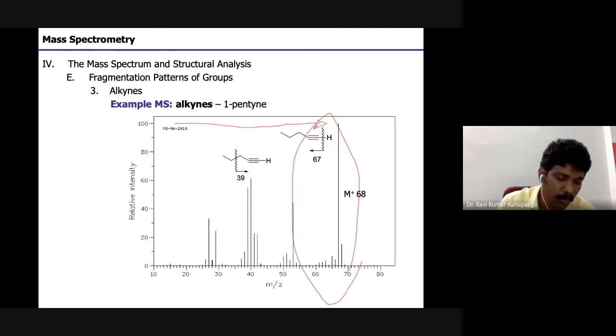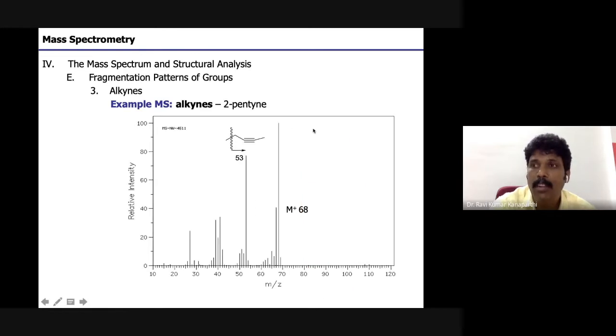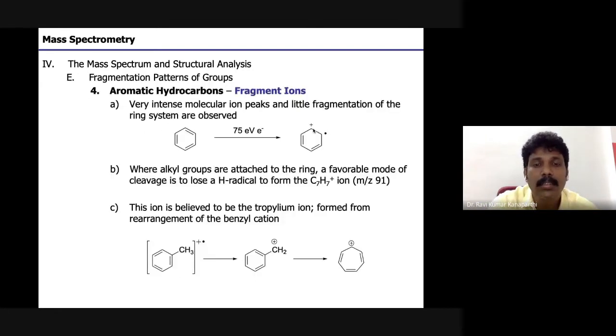Any peak whose intensity is 100%, we say it is a base peak. A molecular ion peak can be a base peak, but the molecular ion peak need not always be a base peak. It can be. And then 2-pentyne. This is the example that we just finished discussing.